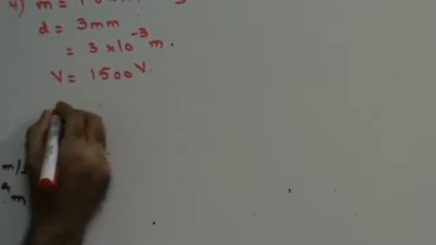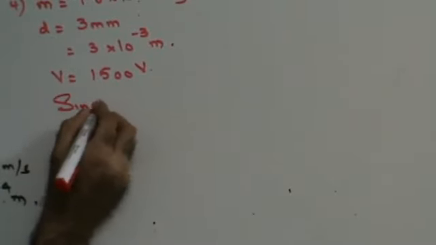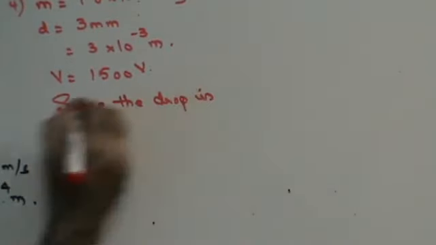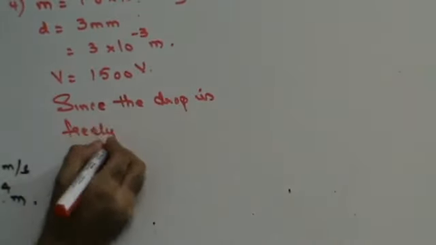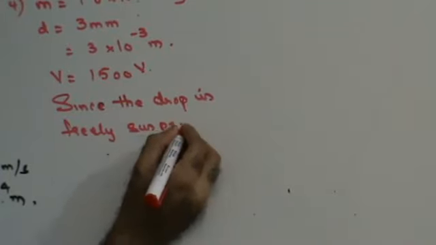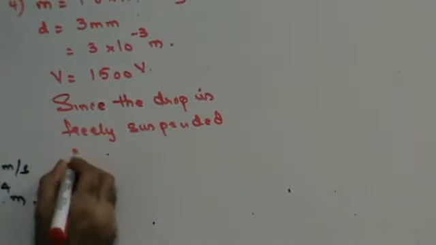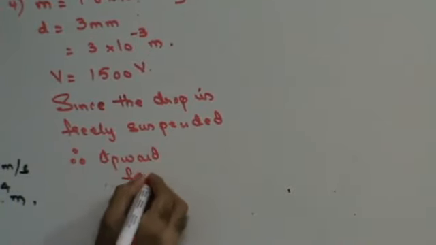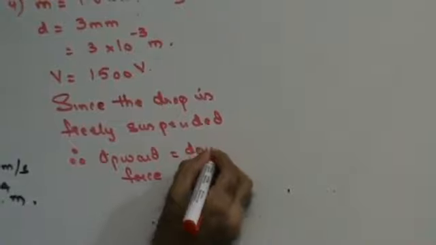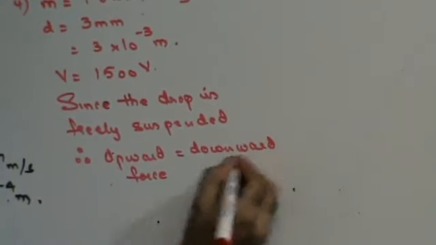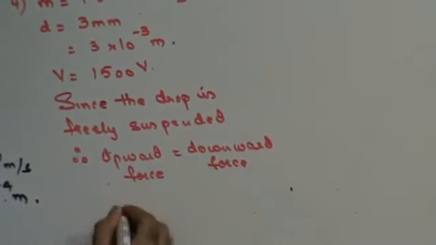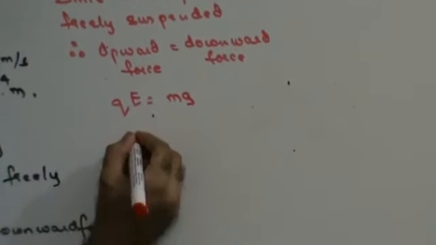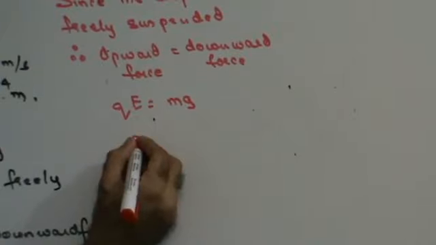In Millikan's oil drop experiment, since the drop is freely suspended, the upward force should be equal to downward force. Upward force is nothing but QE, downward force is mg. They've asked you to find out the charge.